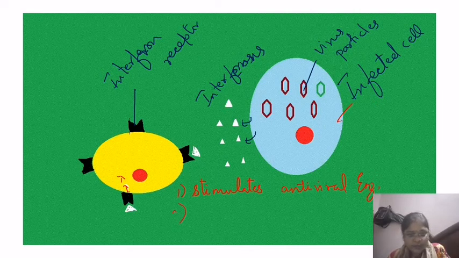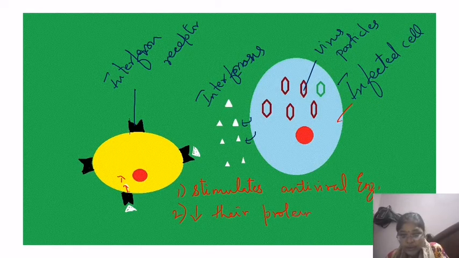Now the second mechanism of protection: the virus basically hijacks your protein machinery, as I have told you. Now these normal cells will lower their protein activity.